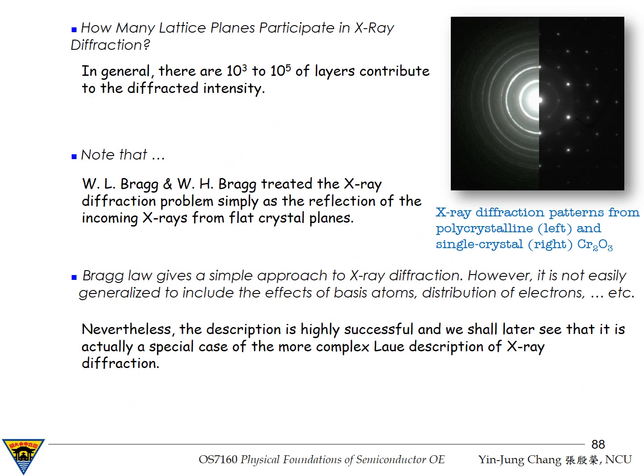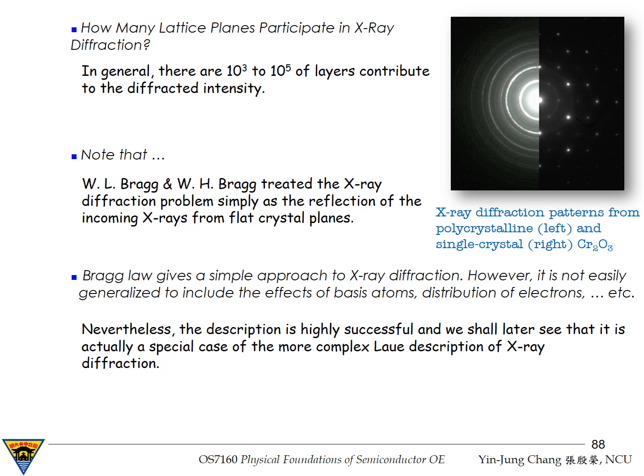Now that we have introduced the Bragg law, let's take a look at the image shown here. This image shows the X-ray diffraction patterns of polycrystalline and single crystal chromium oxide. To understand this image, we need to go through some background knowledge.